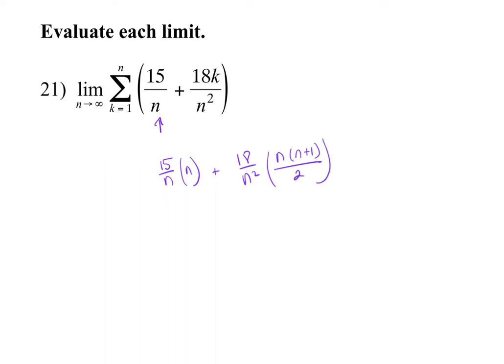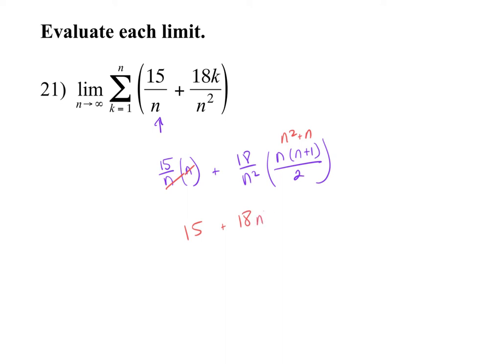So this one is really simple. Very simple. They canceled out all your n's. They were very nice. Those cancel to give you 15. This guy becomes n squared plus n. So one of your n's there can cancel. But you don't really need to. Just distribute that 18 through, okay?